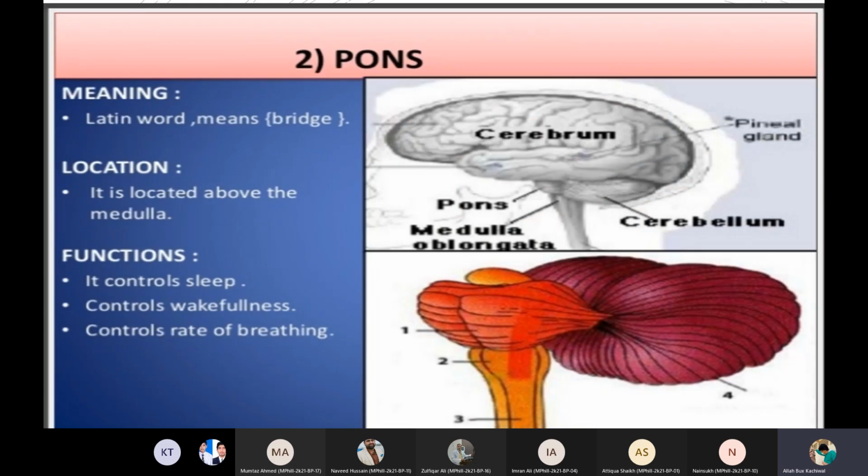So the cerebellum, the pons, the medulla oblongata. Pons is a Latin word that means bridge. It is located above the medulla and it controls sleep, wakefulness, and the rate of breathing.